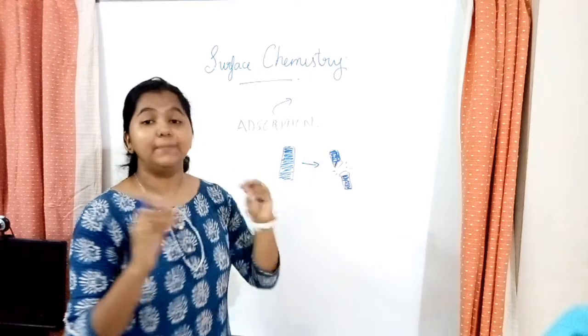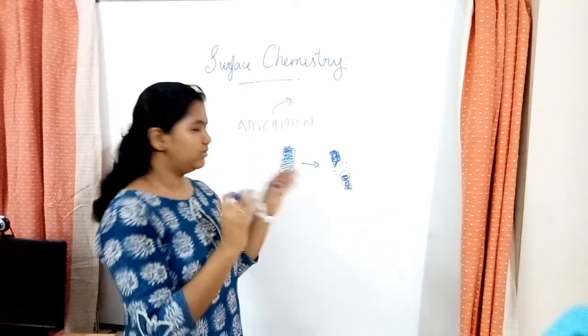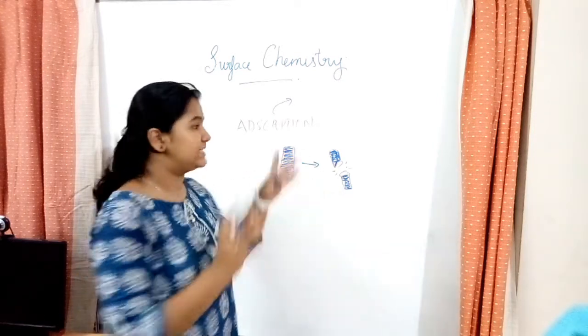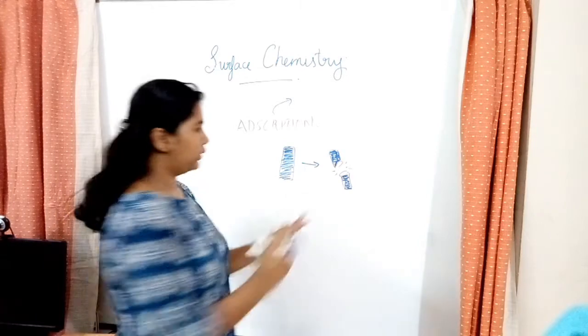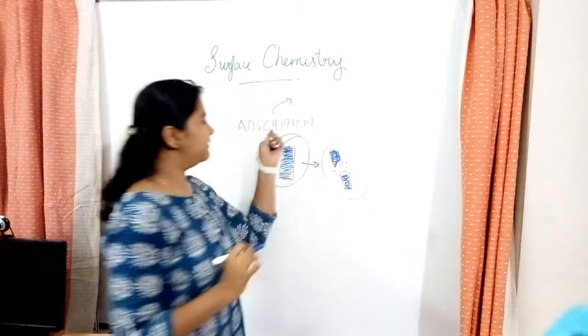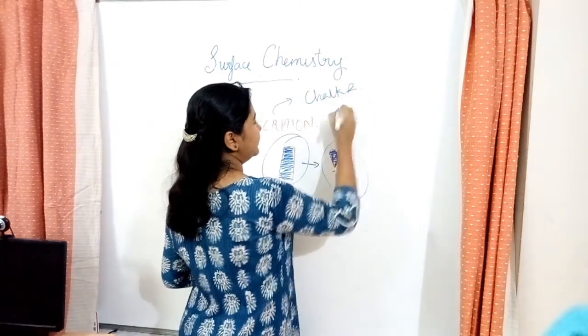The dye has not penetrated, so it has not been absorbed, because absorption is different and adsorption is different. It is adsorbed on its surface. Okay. So one example of adsorption is chalk and dye.